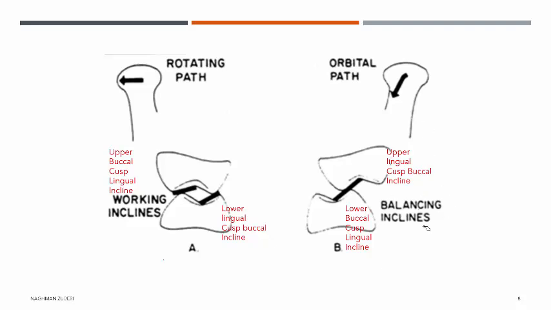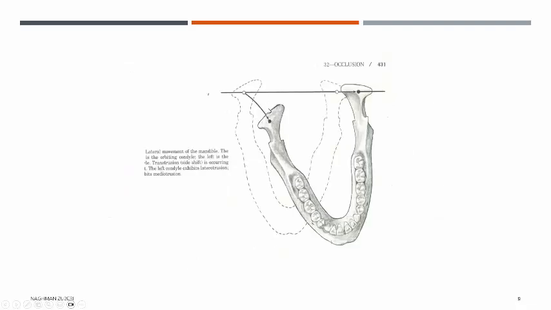Non-working side is also known as balancing side, and the condyle on this side, we call it orbiting condyle or the orbital path condyle. Well, this is the working condyle and this is the non-working condyle or the orbiting path condyle. It does not mean that the non-working condyle is not moving.